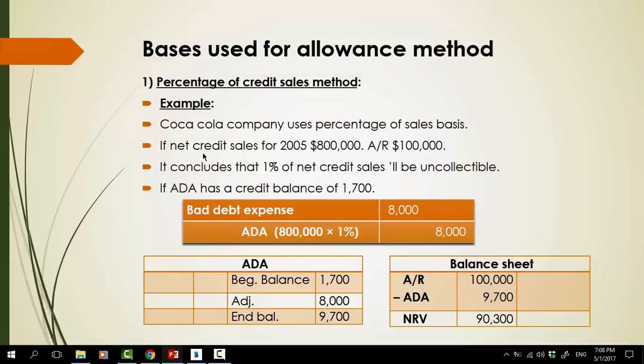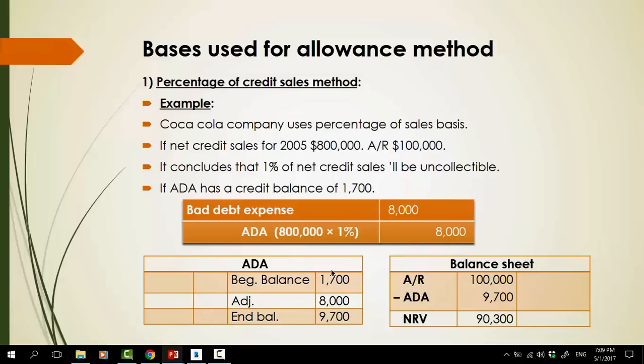If the net credit sales were 800 and the accounts receivable 100, and the company management concludes that 1% of the net credit sales might not be collected, then the bad debt expense will be 1% of the net credit sales. Where is the net credit sales? 800. Then I'm expecting not to collect $8,000. Then bad debt expense and ADA 8,000.